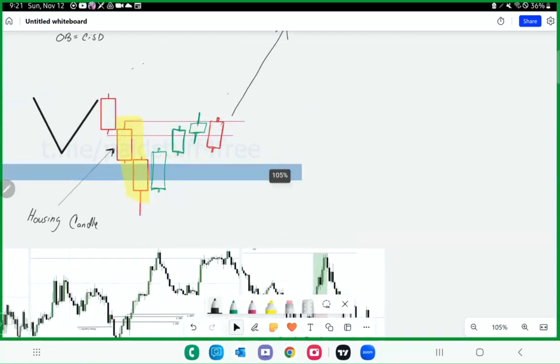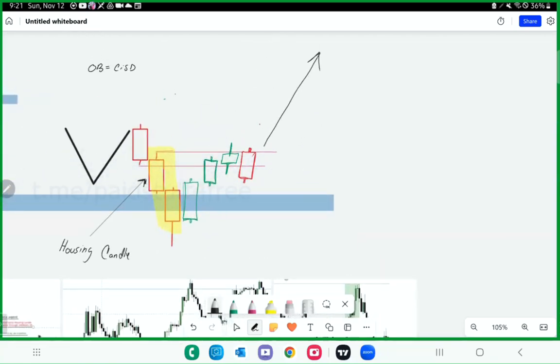So let's talk about stops. If there's a scenario where you have an inefficiency, right? So we have this imbalance, this buy side imbalance was created here. And obviously this would be a BPR with those two inefficiencies.